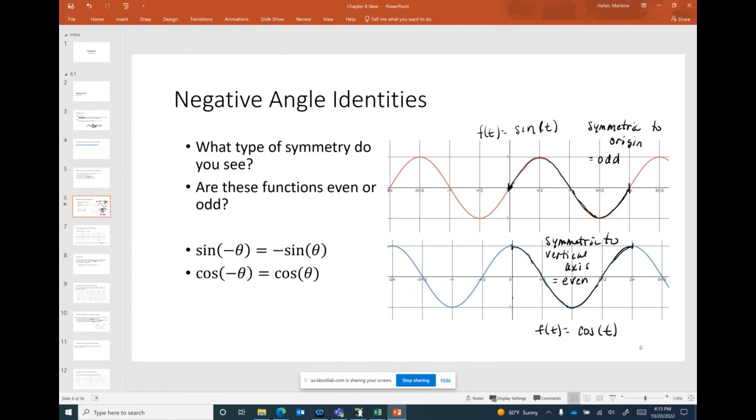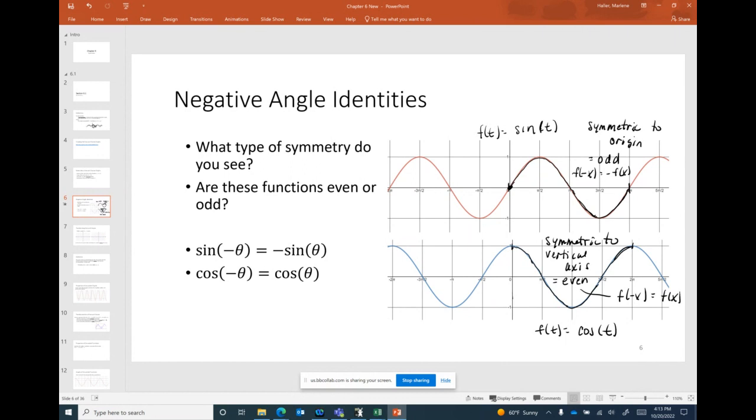And recall that for odd functions, f of negative x would equal negative f of x, right? And recall that for even functions, right over here, f of negative x would equal f of x.